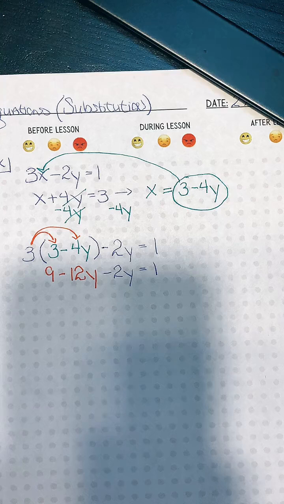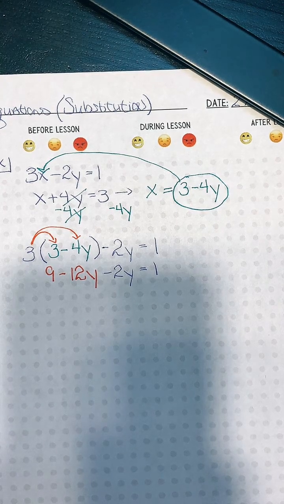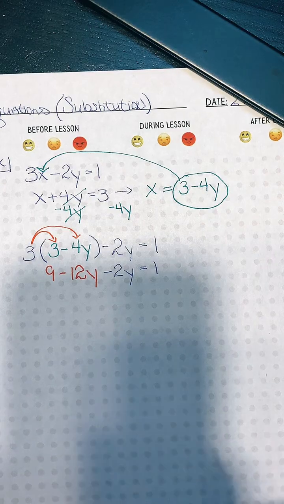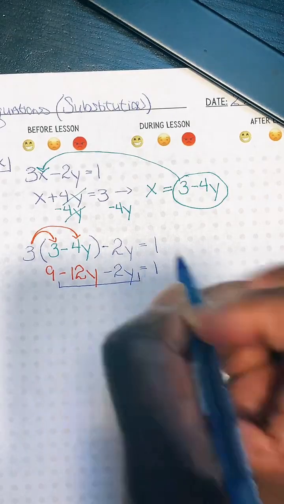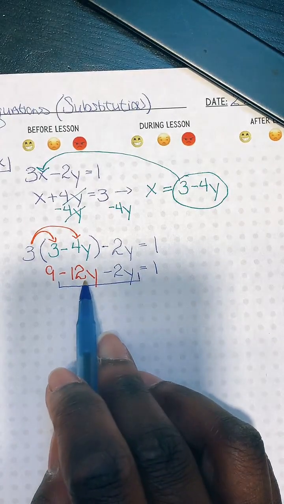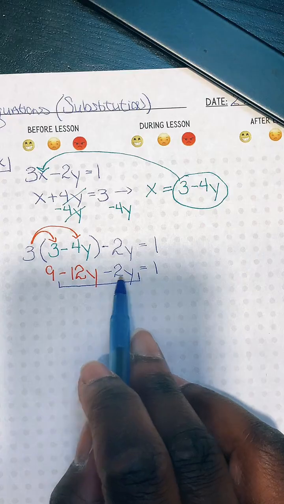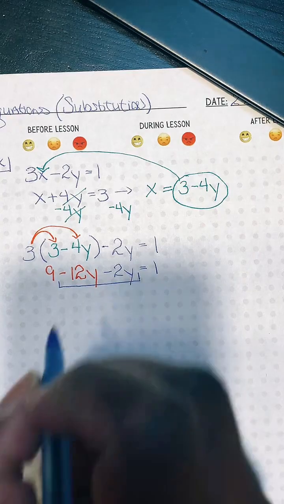All right, so we're going to combine like terms. Why would you solve differently if they has parentheses? Try again. So, like terms, negative 12y minus 2y.